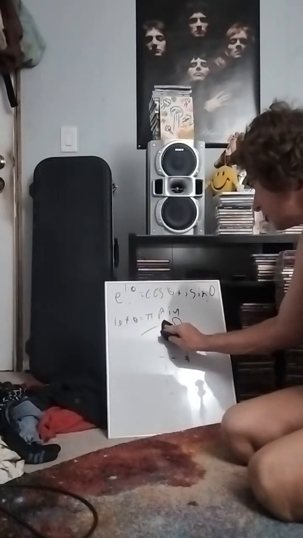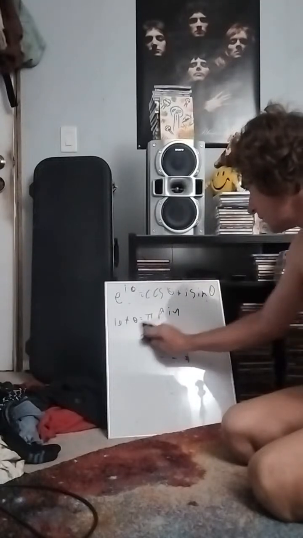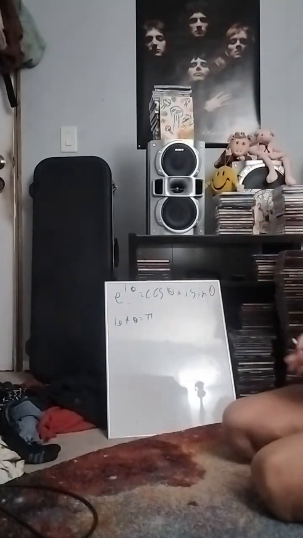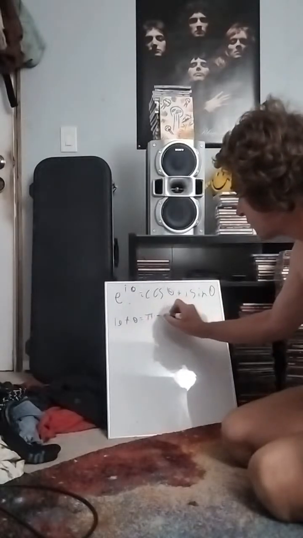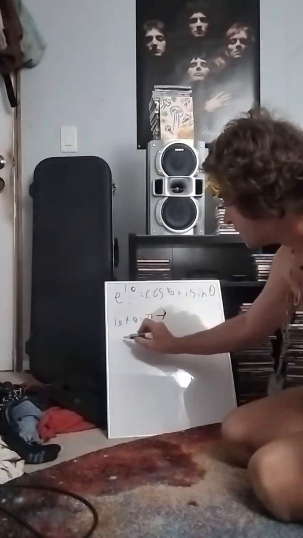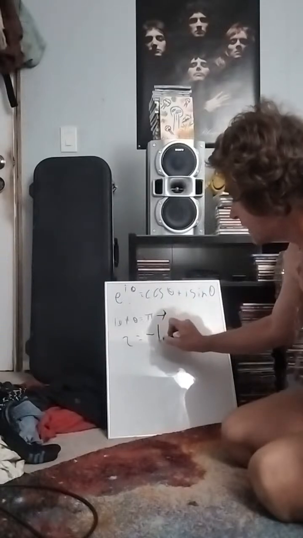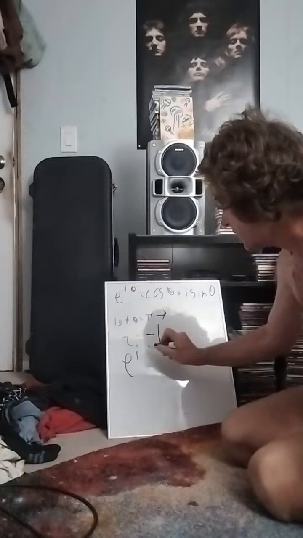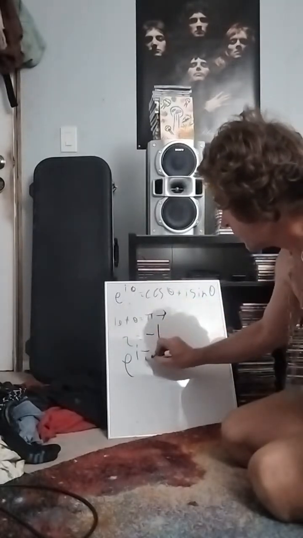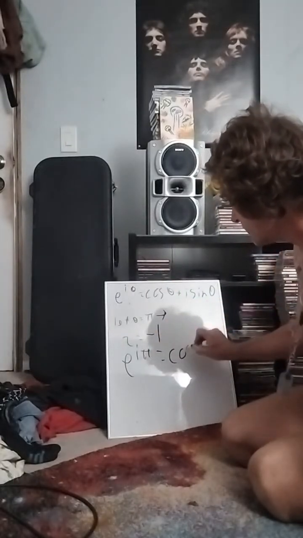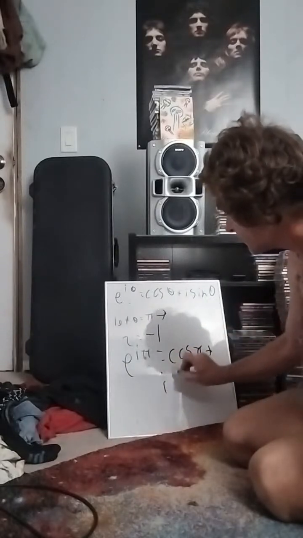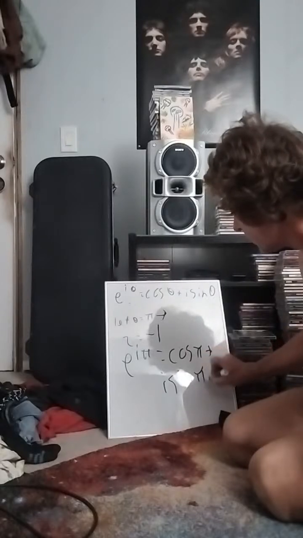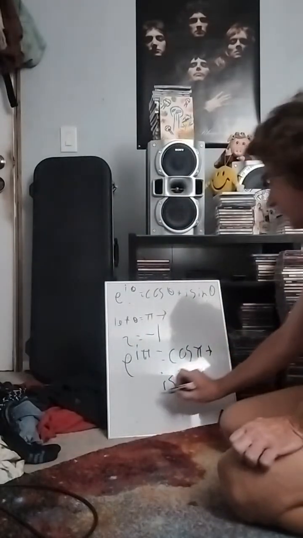I'm letting theta equal pi, and you see that if theta equals pi, then z equals -1, which means e to the i theta with theta equals pi equals cosine pi plus i sine pi.